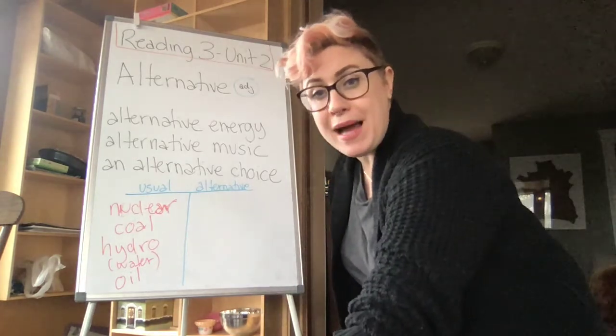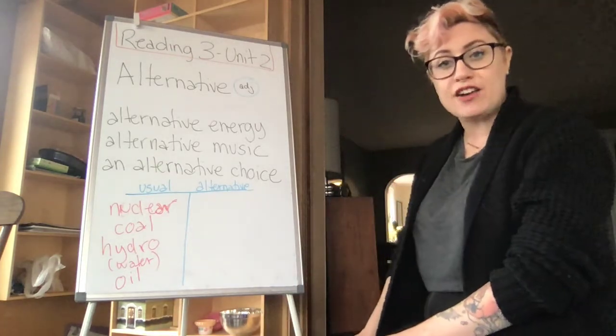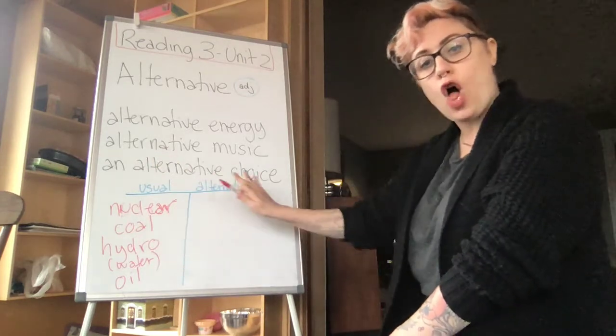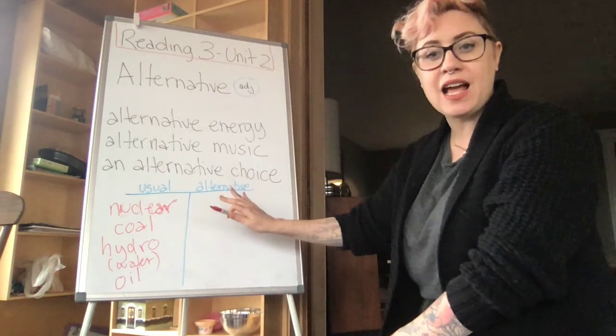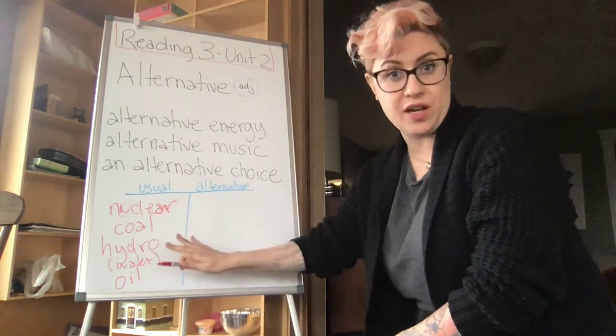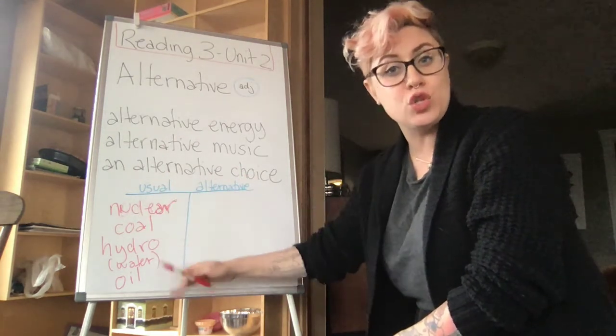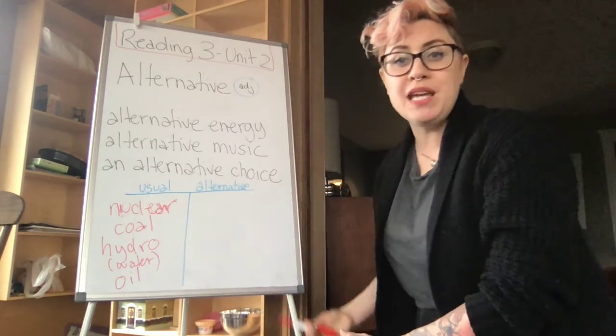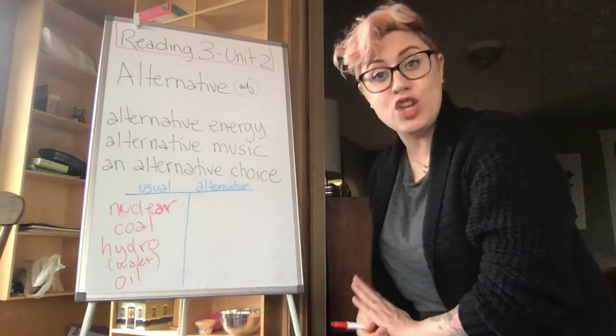So when somebody uses a source of energy that is not usual, we call it alternative, meaning a different choice than the usual choice. So these are the usual choices for energy. An alternative choice would be something different than the usual.